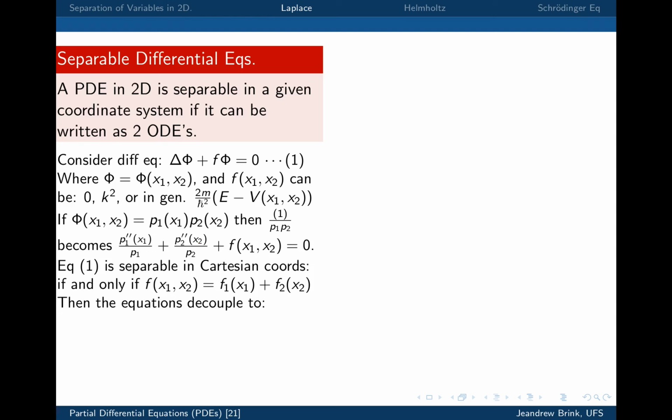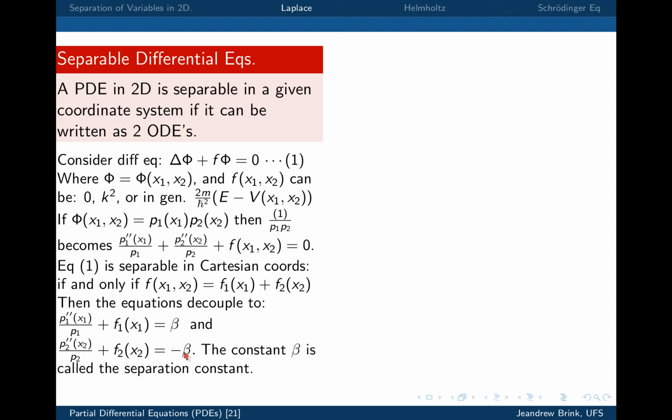So if that is true, the equations decouple to this equation, which equals a constant beta, and that equation, which equals a different constant. We call this constant beta the separation constant.